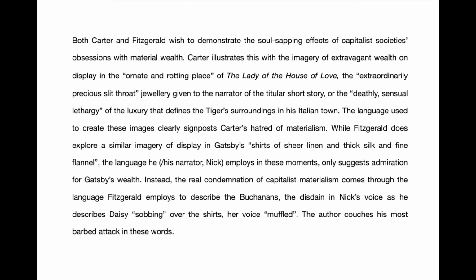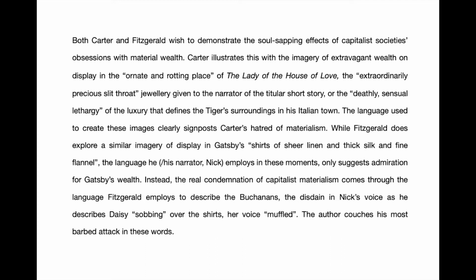While Fitzgerald does explore a similar imagery of display in Gatsby's, quote, shirts of sheer linen and thick silk and fine flannel, the language that he, or perhaps his narrator Nick, employs in these moments only suggests admiration for Gatsby's wealth.